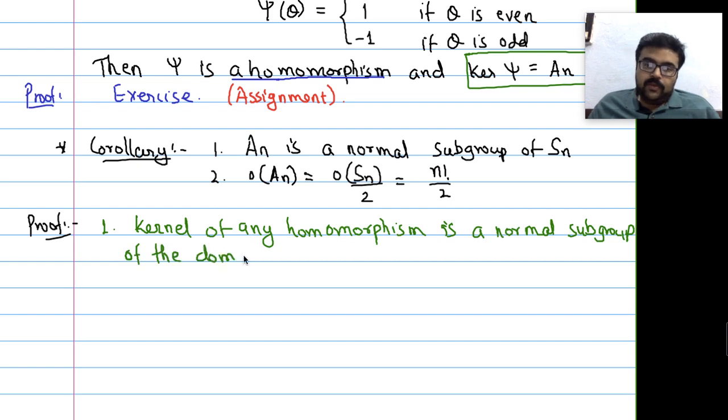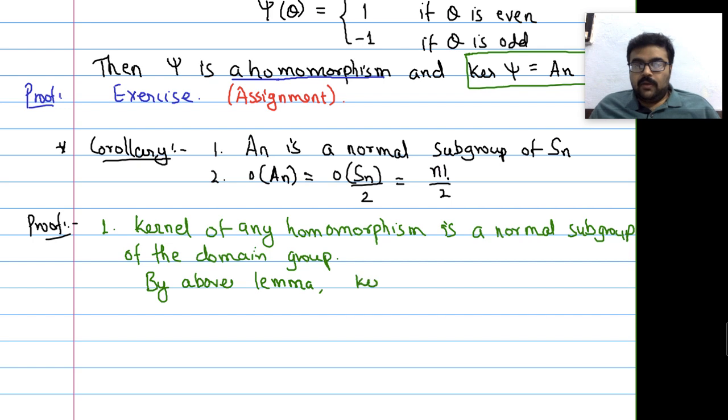Whatever group we consider in the domain, it is going to be a normal subgroup of the domain group. And so by the above lemma, if psi is a homomorphism, kernel of psi equals An is a normal subgroup of Sn. So that is the first thing.